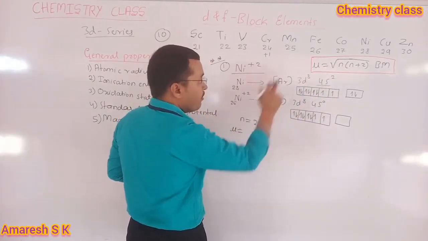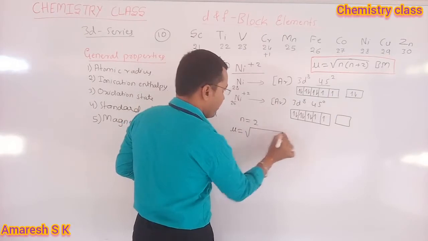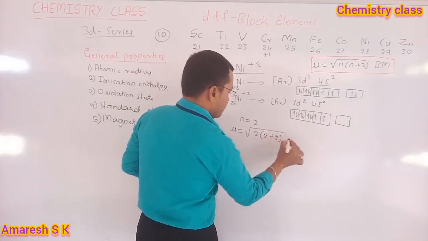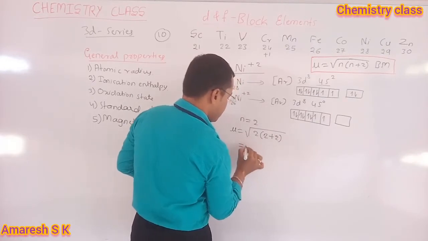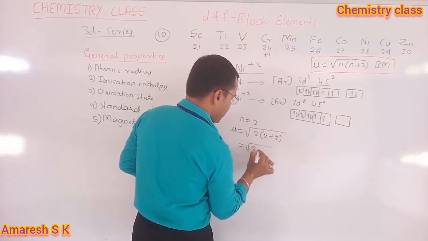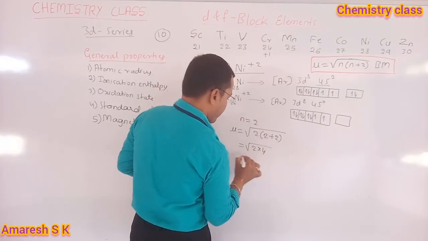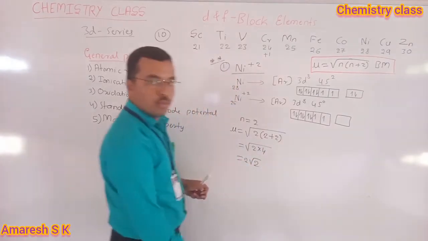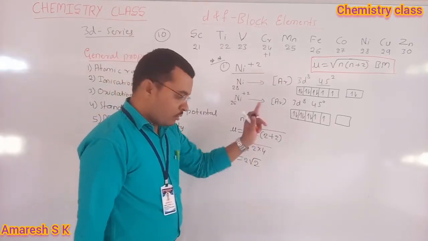We will get mu is equal to square root of 2 into 2 plus 2, is equal to square root of 2 into 4, is equal to 2 root 2.